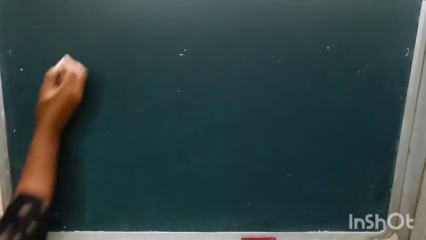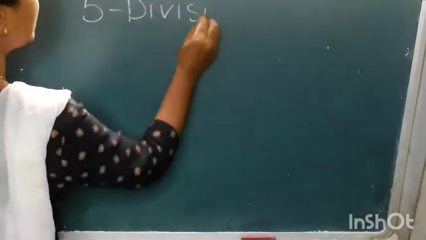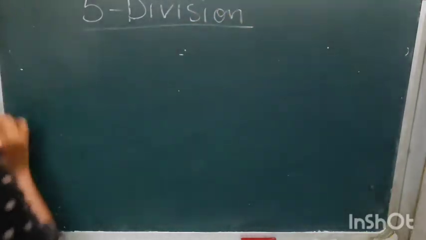Children, in the previous class we have learned multiplication. So, hope you all are thorough with the multiplication because now we are going to start our new chapter number 5, division. This division chapter is totally based on multiplication.